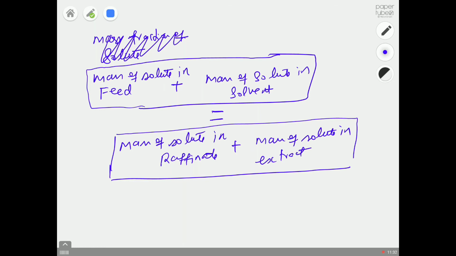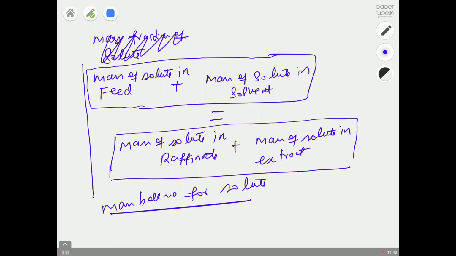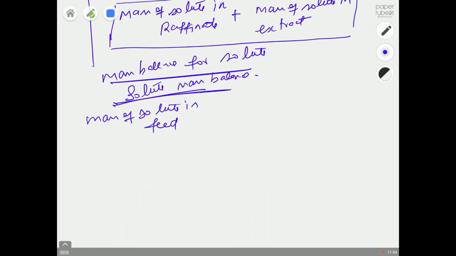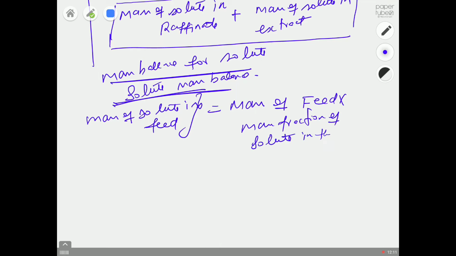So this is something we can call a mass balance for solute, or in chemical engineering we call it just the solute mass balance. Mass of solute in feed is nothing but mass of feed multiplied by the mass fraction of solute in the feed.